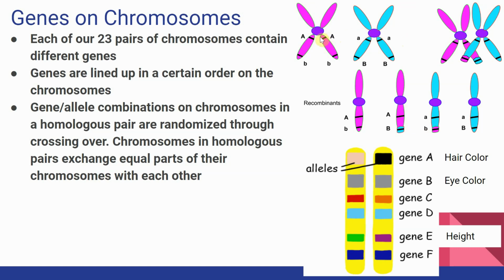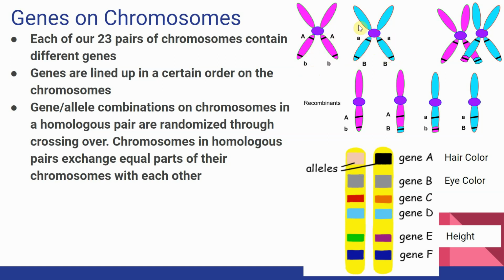But hopefully we'll notice that our two chromosomes here, while their sister chromatids are identical, as they should be, the exact alleles on our different homologous chromosomes are different. So our pink chromosome here has big A alleles and little b alleles, while our blue chromosome has little a alleles and big B alleles.